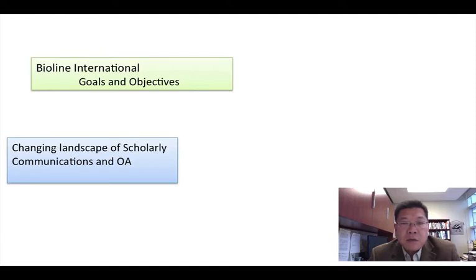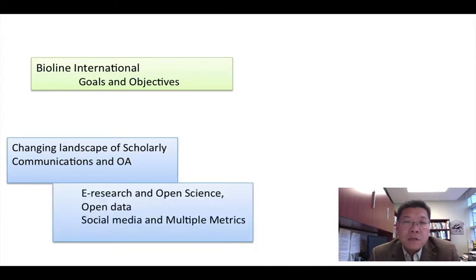And then I want to quickly move to a very brief overview of the changing landscape of scholarly communications and our changing understanding of open access and what it means, and how open access movements are more and more converging with a number of other broad movements, including so-called e-science and e-research, and increasingly movement towards open science and sharing of open data.